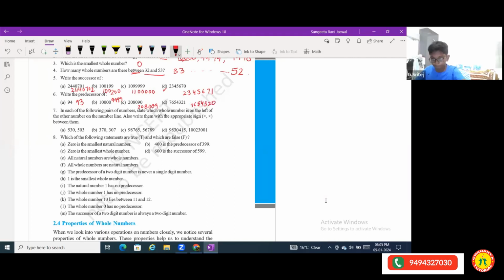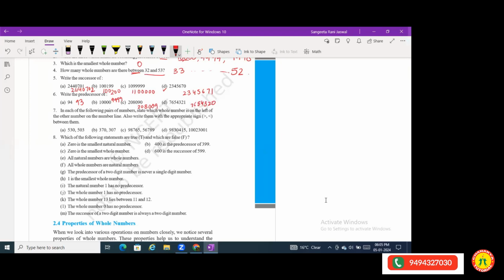Okay. Now next one. In each of the following pairs of numbers, state which whole number is on the left of the other number on the number line. Also write them with the appropriate sign, greater or lesser. Which number is on the left side out of these two?